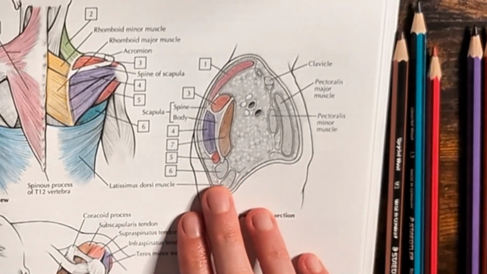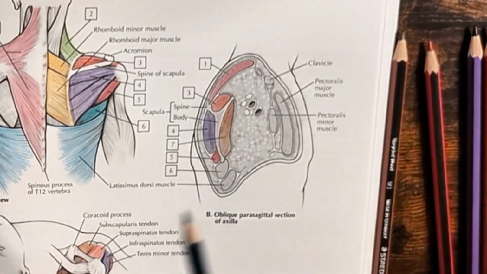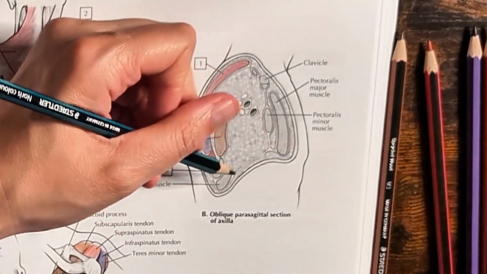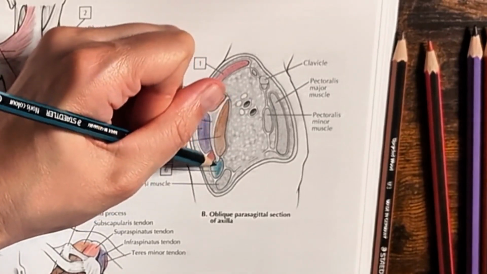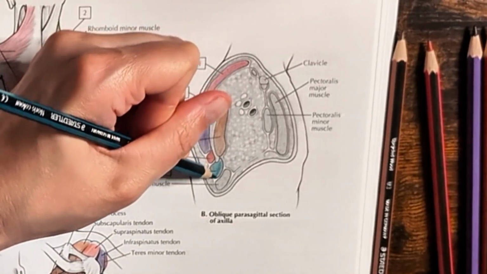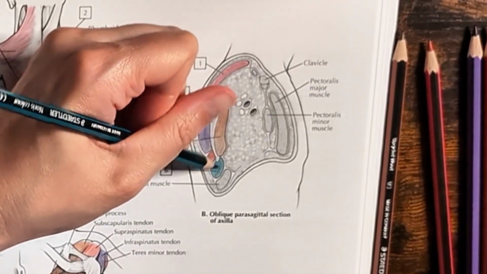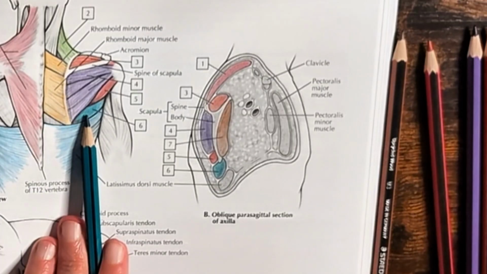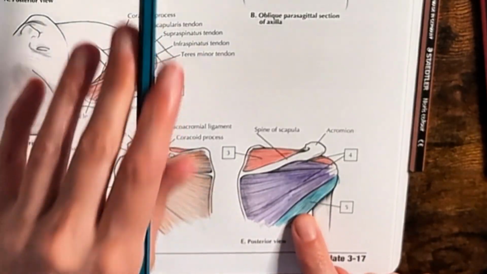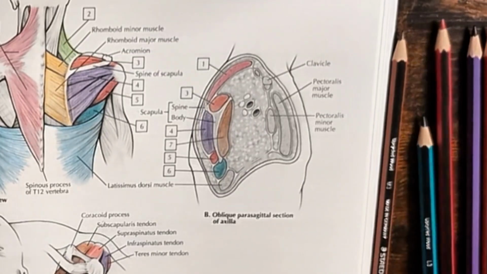Okay, number 6 is teres major, which we used the teal for. There we go. So that's our teres major there. Not there, but there. Sorry for the confusion.